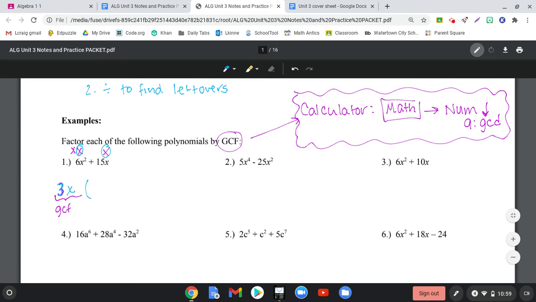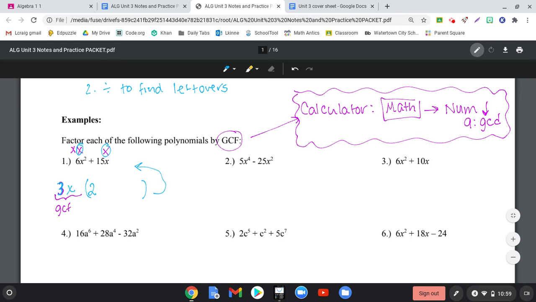And now for this part, you want to figure out what you would multiply 3x by to get back up to this. You could say, okay, what would I have to multiply 3x by to get 6x squared? Well, 3 times 2 would give us 6, and I would need an x there. 3x times 2x would be 6x squared.